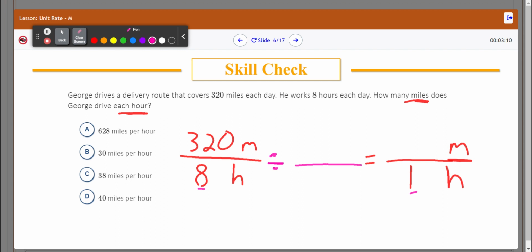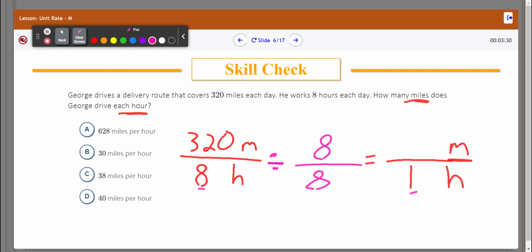Well, the answer is 8. 8 hours divided by 8 gives me 1 hour. Like always, whatever you do to the bottom, you've got to do to the top. So if we're dividing the bottom by 8, we're going to divide the top by 8 also.